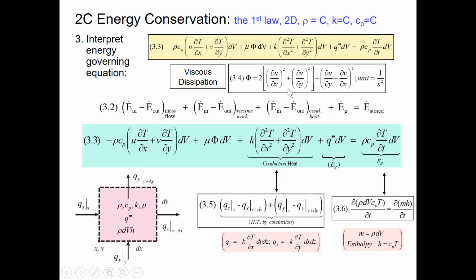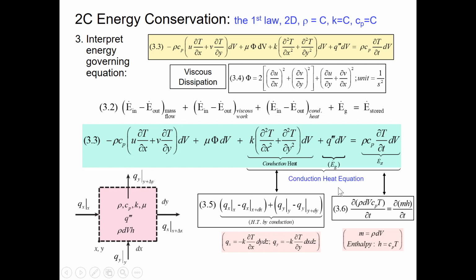This term represents all the conduction heat into the control volume minus all the conduction heat rate leaving the control volume. Then this term is the viscous work, and this term represents the energy in and out of the system carried by the mass flow.